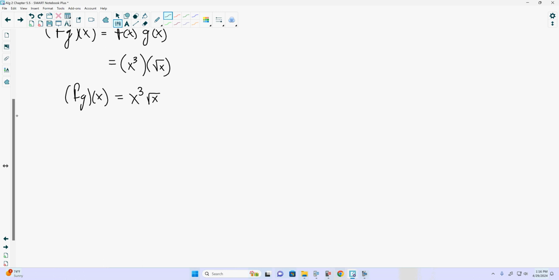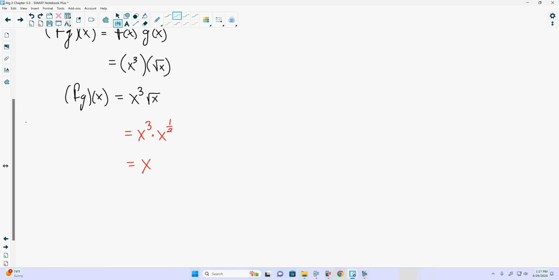I will go on and write this the rest of the way out. So x cubed, our square root of x is the same as x to the 1/2. If it was just the cube root of x, it'd be x to the 1/3, because the number index, or 4th root of x, is x to the 1/4.